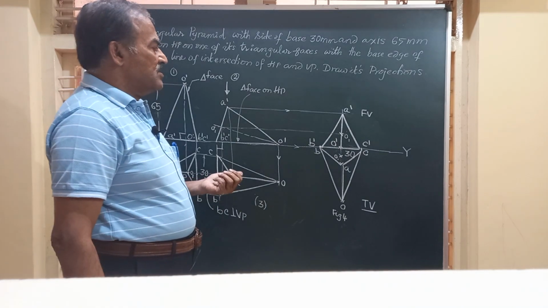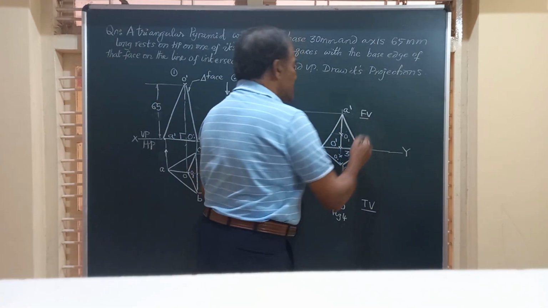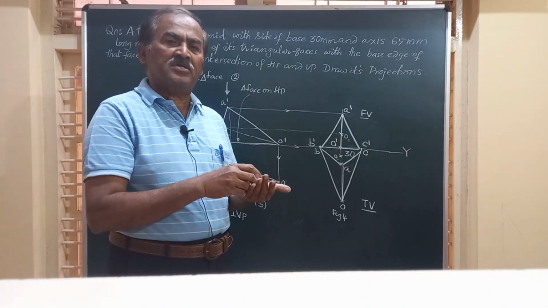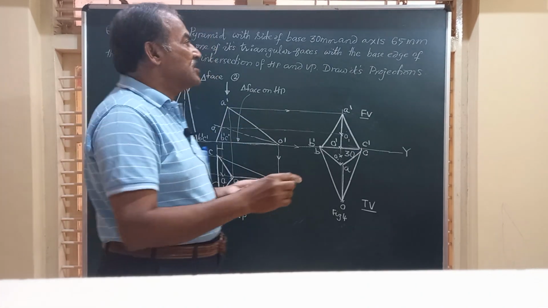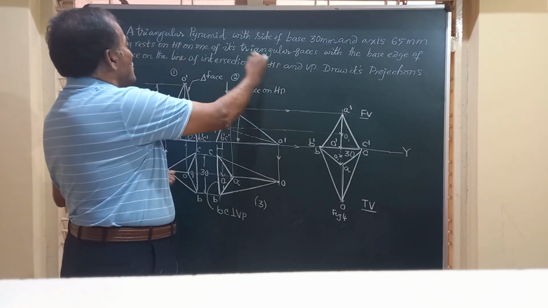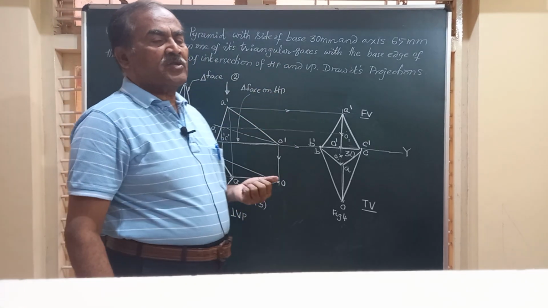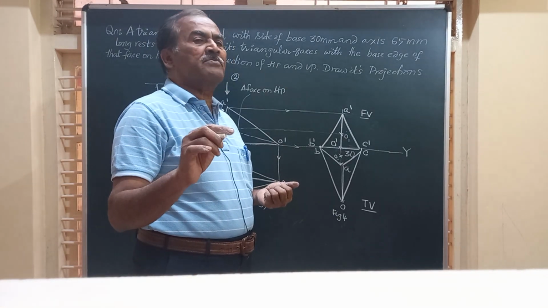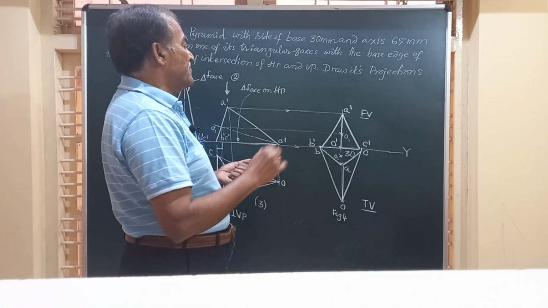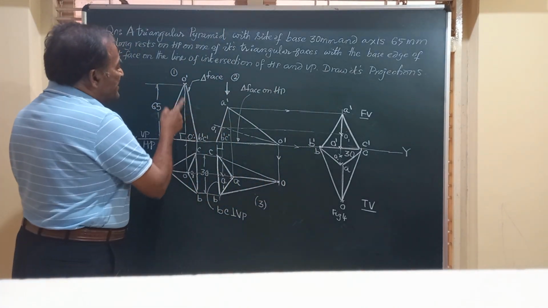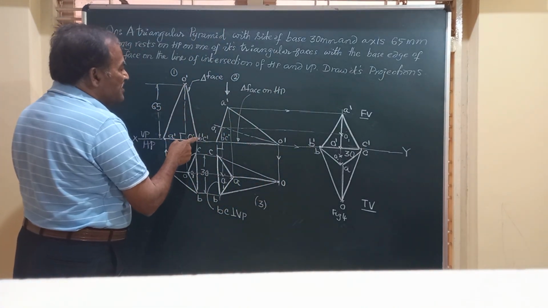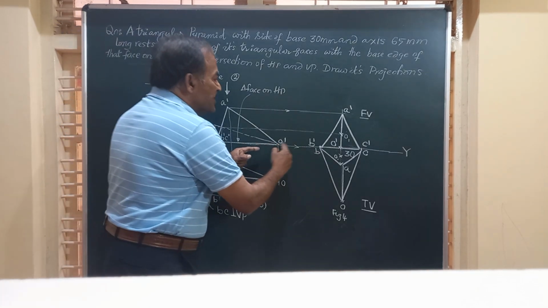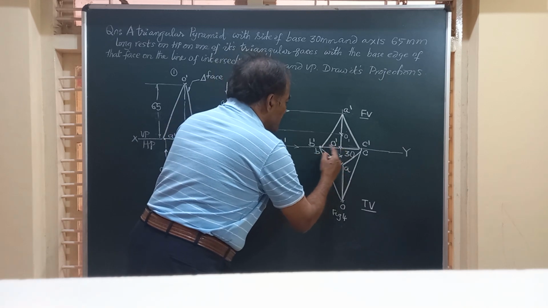And friends, we have to verify whether the solution we have finally got, that is the final front view and top view, satisfies all the requirements stated in the problem. Now friends, as per the problem, the triangular pyramid has to rest on one of the triangular faces. I told you in the beginning, O dash B dash C dash is one of the triangular faces. That triangular face is on HP, and is again seen as OBC.